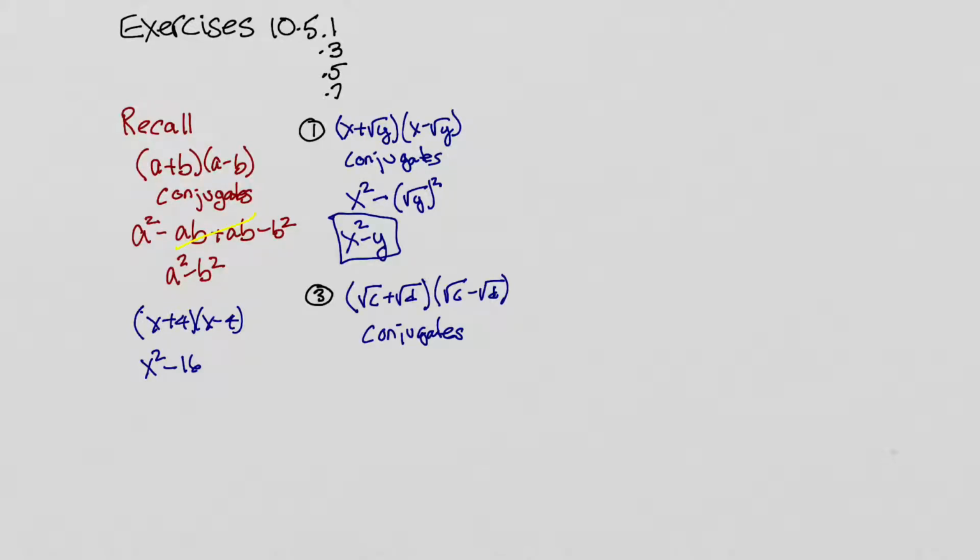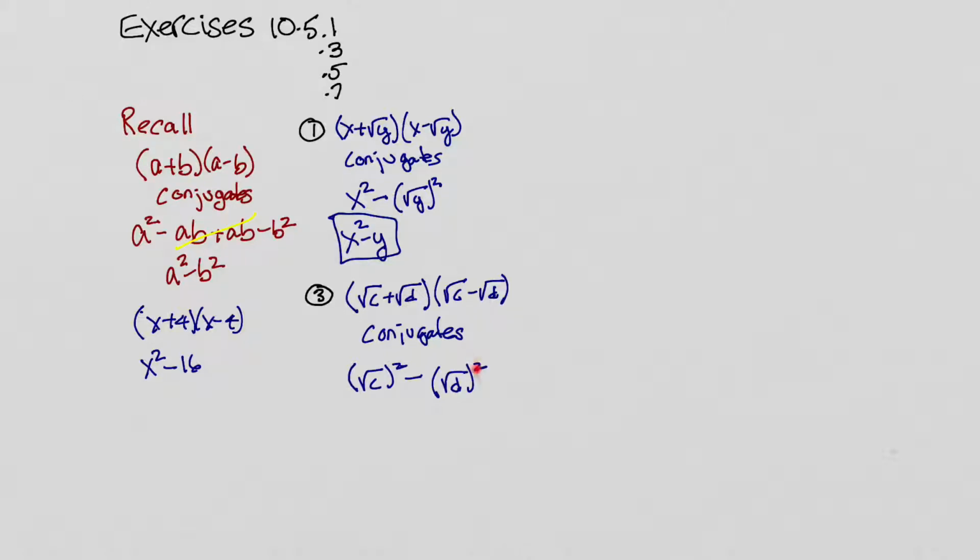So let's move on to number 3. Now in number 3, we've got conjugates: square root of c plus square root of d, square root of c minus square root of d. We can use our quick rule for doing this. Now I'm going to draw out what you're actually thinking. You square the first, so maybe we'll identify this factor here. I'm going to square the first, put a minus sign, then I'm going to square the second.